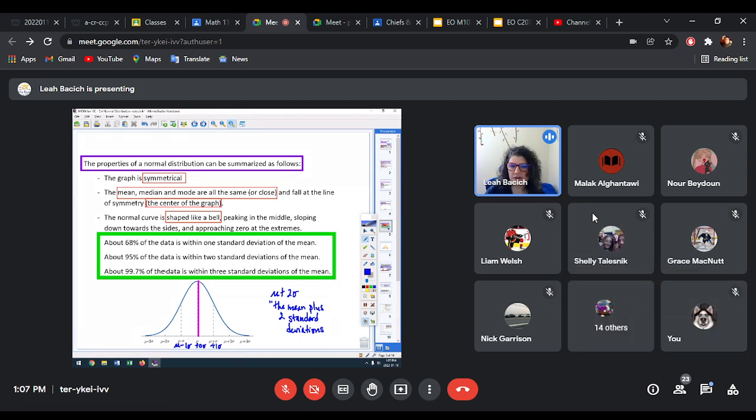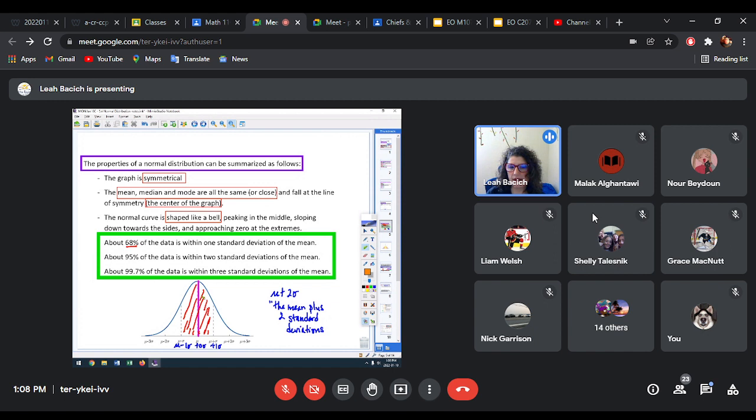So 68% is within 1 standard deviation. For example, this would be 68% in here, right here. 95% is within 2 standard deviations.